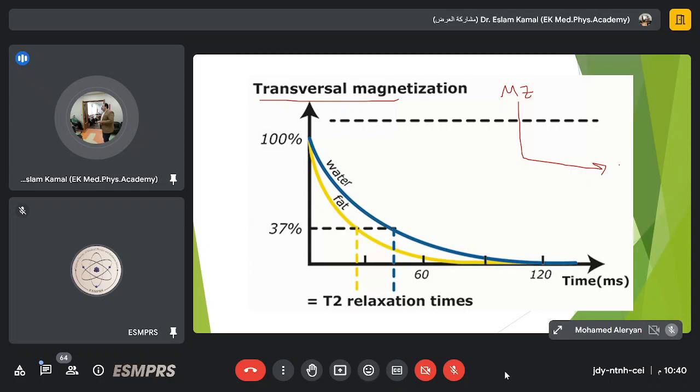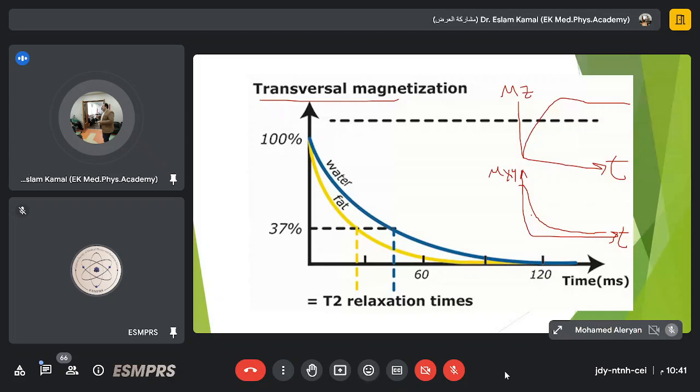Now you will find that the fat itself has a shorter T2 constant. So what is the T2 constant? It is the time required to reach 37% of the MXY, or the transversal magnetization.